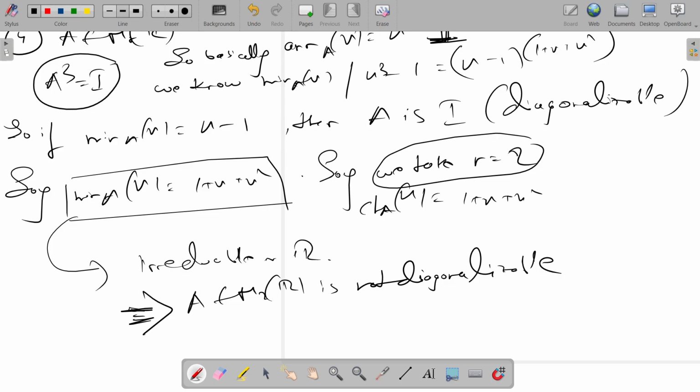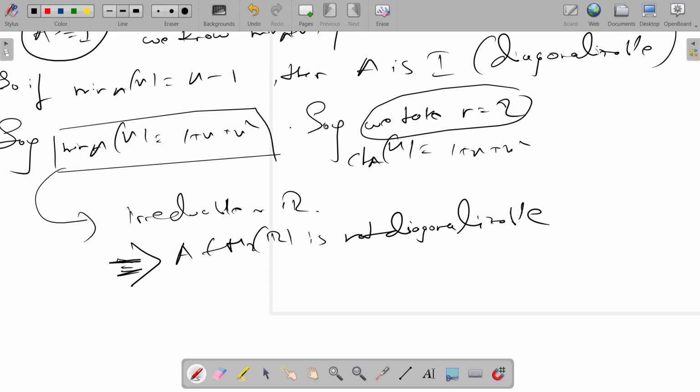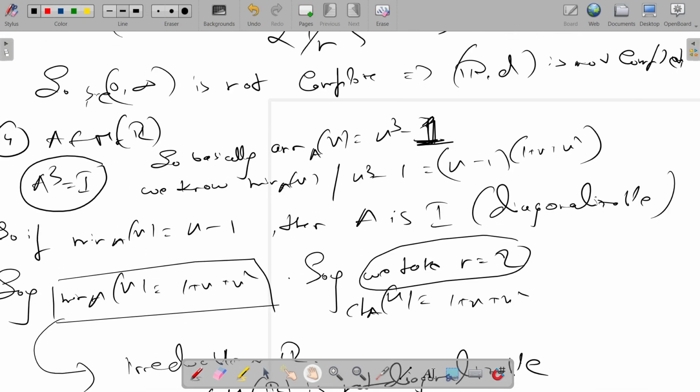We can take the companion matrix as an example, with rows 0, minus 1 and 1, minus 1, something like that. This will not be diagonalizable, and so we are done.